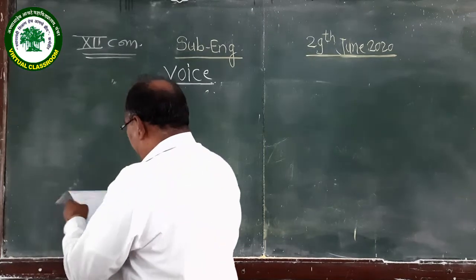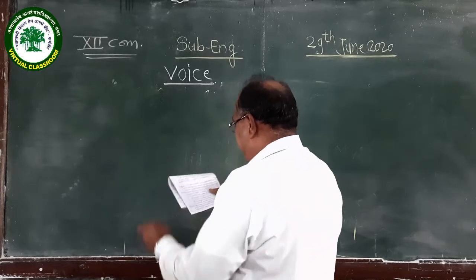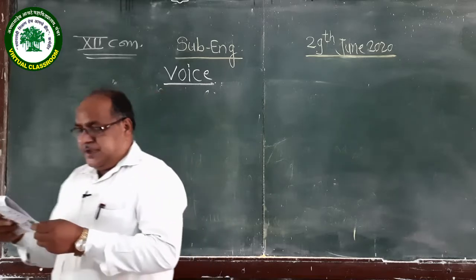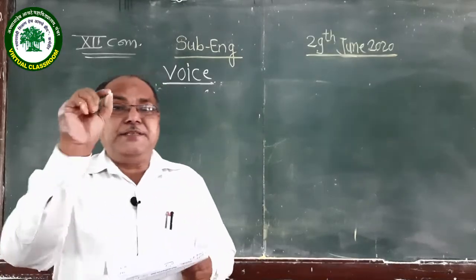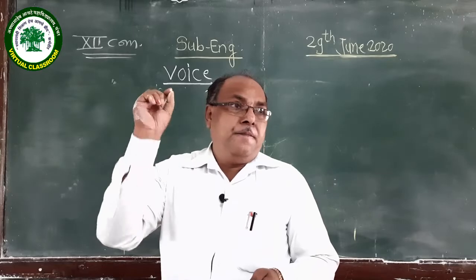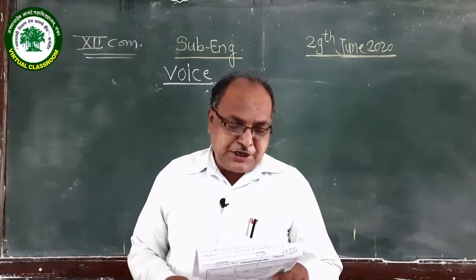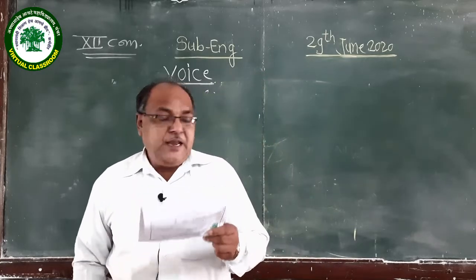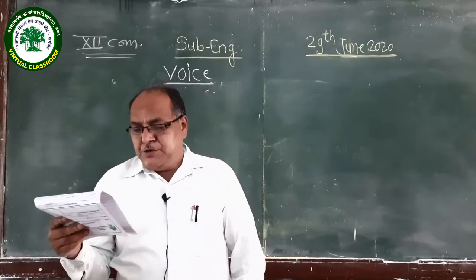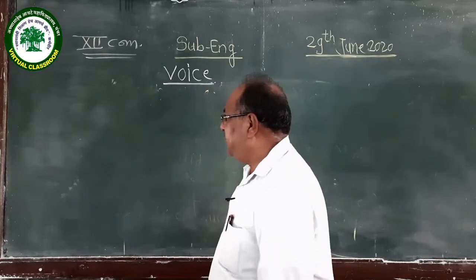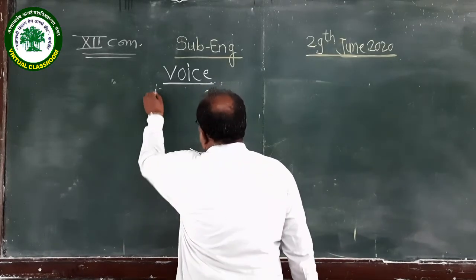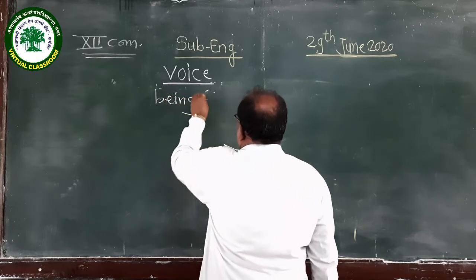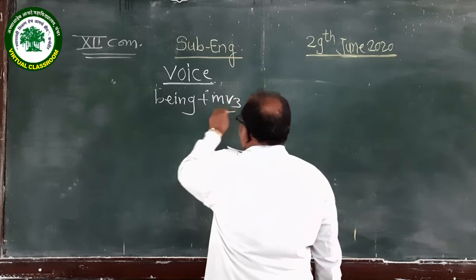Now the second rule about changing the voice: if the given sentence is in present continuous or past continuous tense, while turning it into passive form, the helping verb to be should be used, then being and then MV3. What helping verb should be used after the form of to be? Being and then MV3.